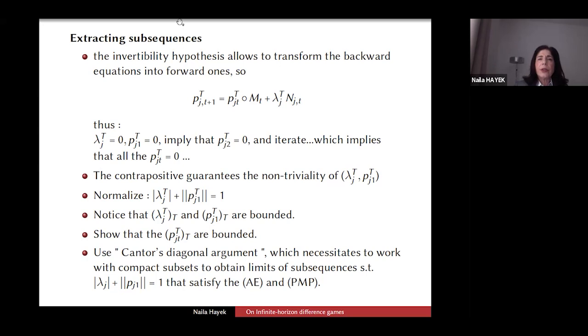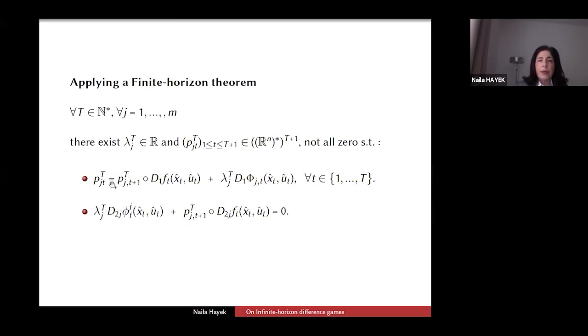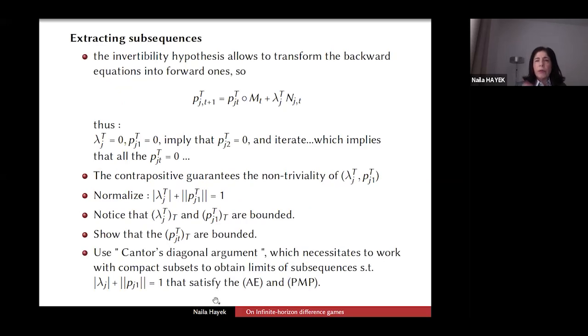So now enters the invertibility hypothesis, because this one will allow me to transform the backward. You see that this equation, the adjoint equation, is a backward equation. So if I put the hypothesis that for every t, d1 f_t at (x hat t, u hat t) is invertible, I will be able to transform this backward equation into a forward one.